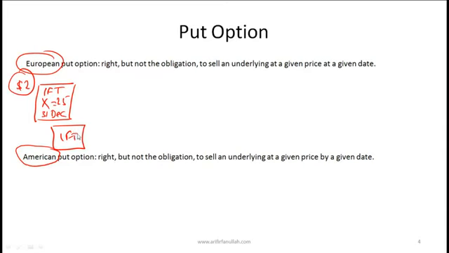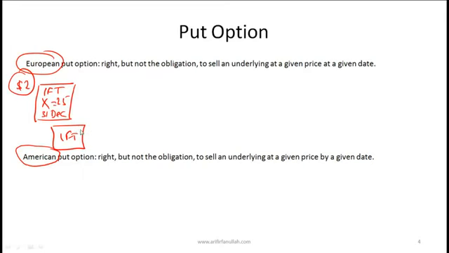The underlying here is IFT. So this gives us the right but not the obligation to sell the underlying for $25, which is the strike price. And exercising the option means going to the counterparty and saying, okay, I want to sell the underlying.